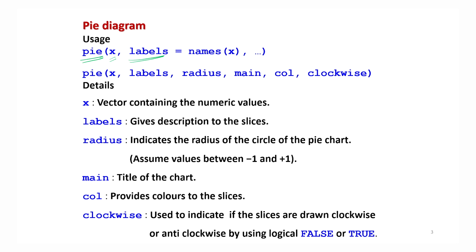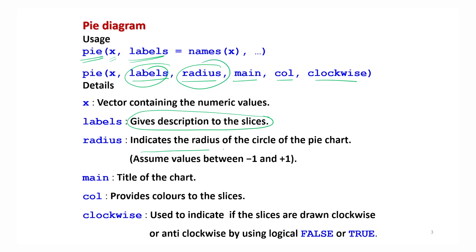For example, you can see here labels, radius, main, col, clockwise, etc. The label is going to give you the description for the slices of the circle. Radius indicates the radius of the circle of the pie chart, and it takes a value between -1 and +1. Main, just like others, will give you the title of the chart. Col is going to give the colors to the different segments of the pie chart.